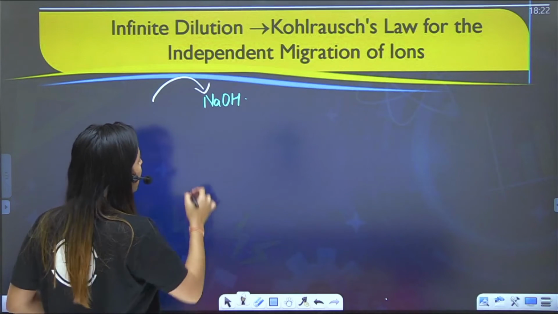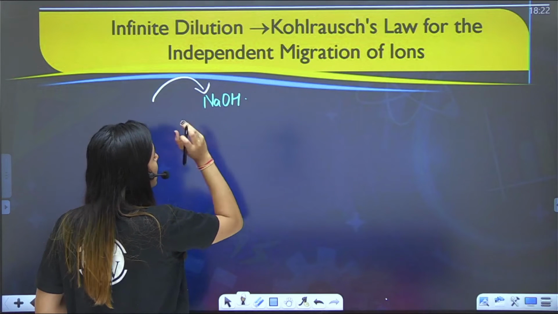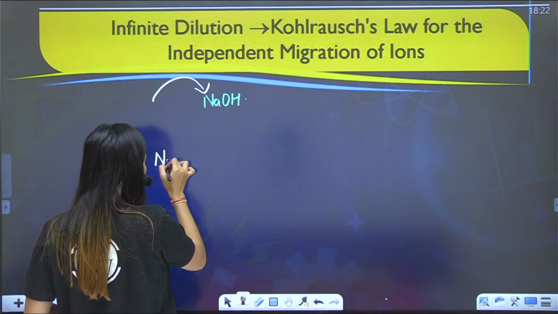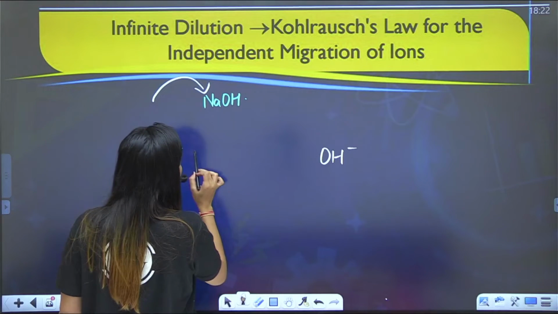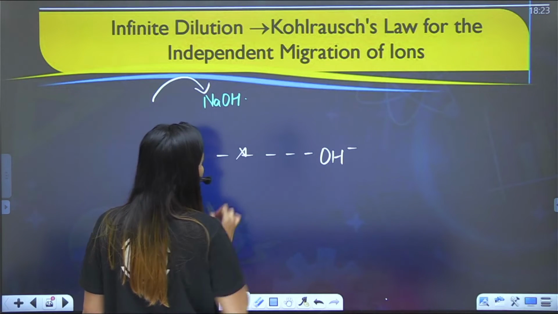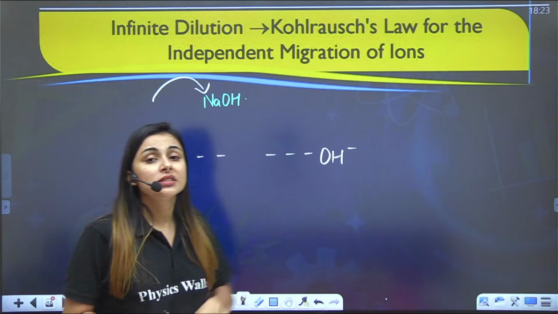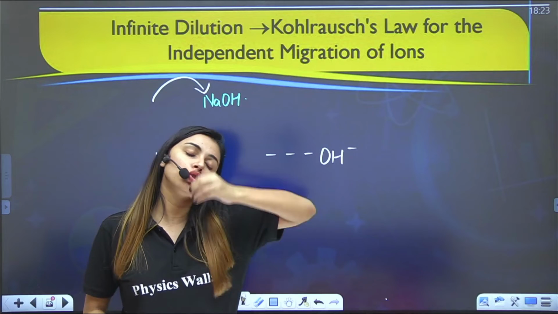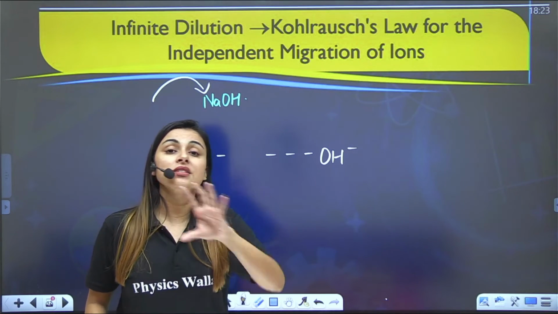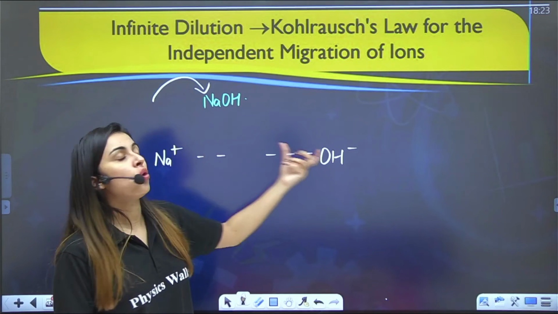Let's say I have increased the dilution to such an extent that your Na plus ion has come here and your OH minus ion has come here, and there is no interaction between them. Why? Because they are far away from each other. We have increased the dilution to such an extent that there is no effect of one ion on the other.